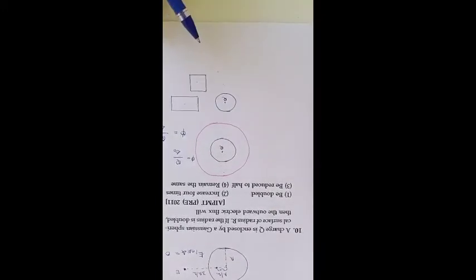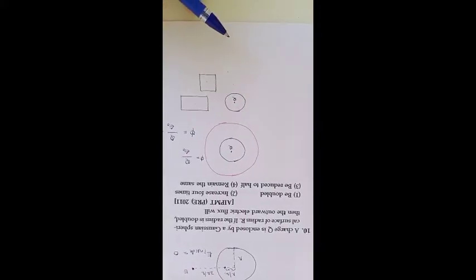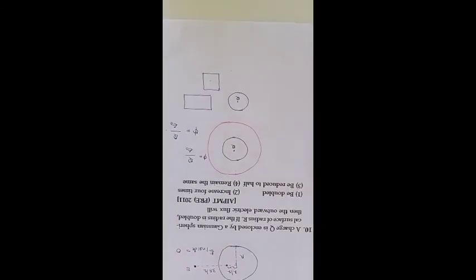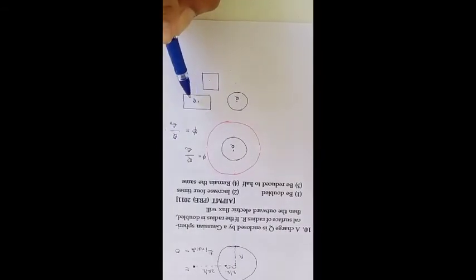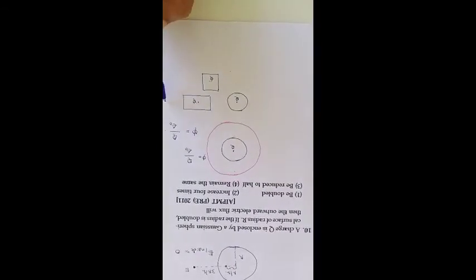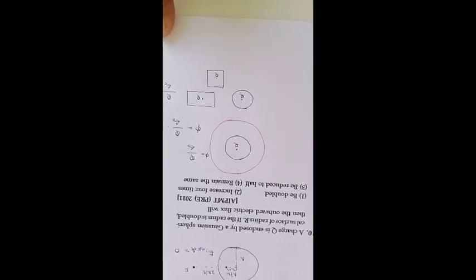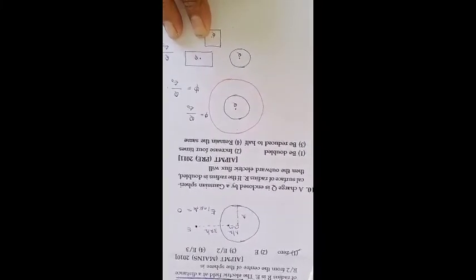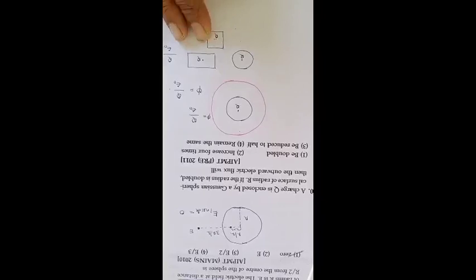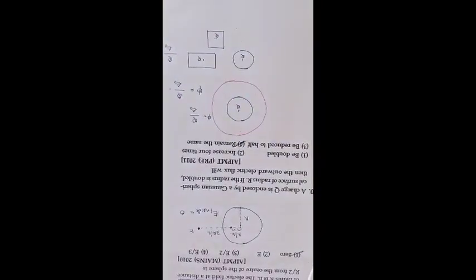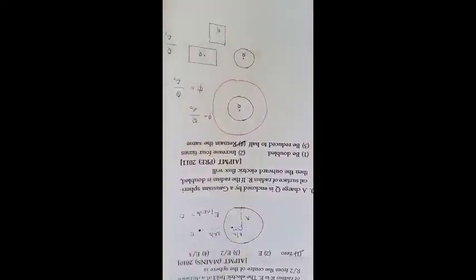What is the flux flowing through the rectangular surface? A question may be there like that. Because the same charge is there, the same flux will be there. It is independent of the size of the Gaussian surface. So the answer will remain the same. It won't change. That is the answer. Next.